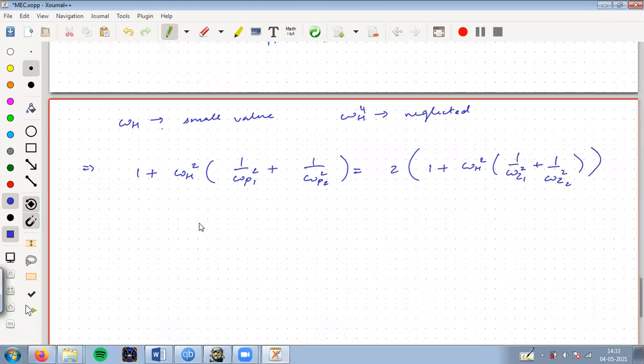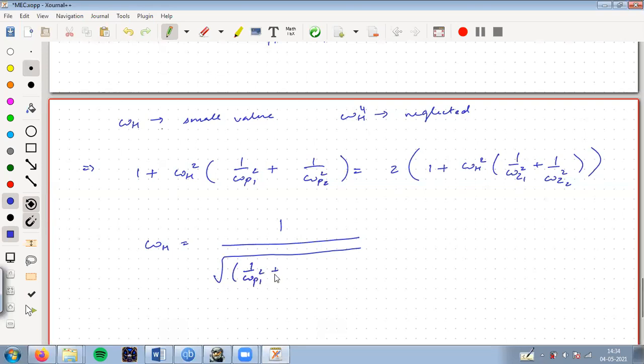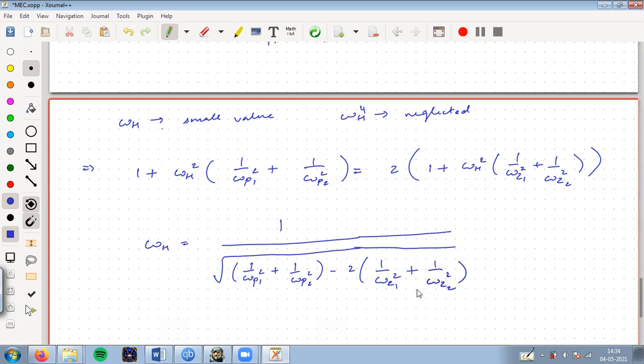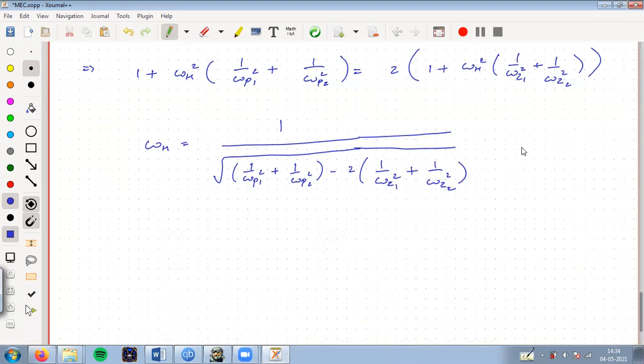So from this you can write omega h as 1 by square root of 1 by omega p1 square plus 1 by omega p2 square minus 2 times 1 by omega z1 square plus 1 by omega z2 square. This is the expression you get for omega h. This has 2 zeros and 2 poles.